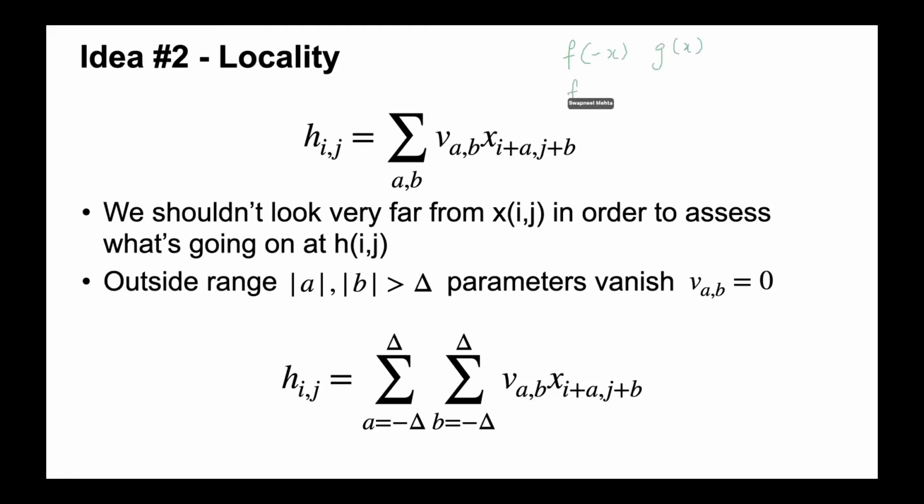So in this case, you would have to go for f of minus a, minus b, and g of a, b. The bottom line being convolutions make one function move backwards as the other function moves forwards, relatively.